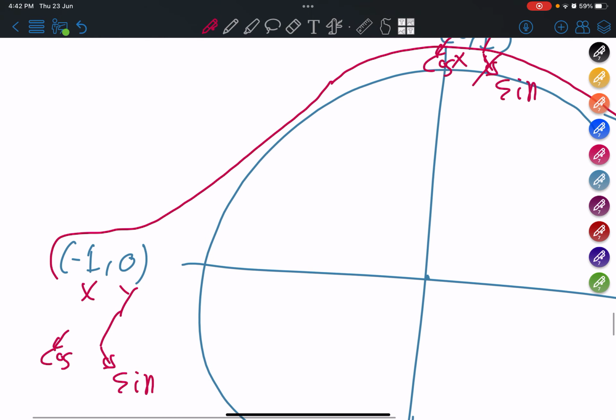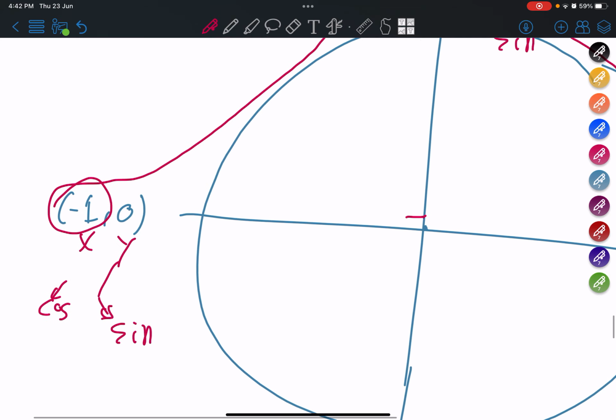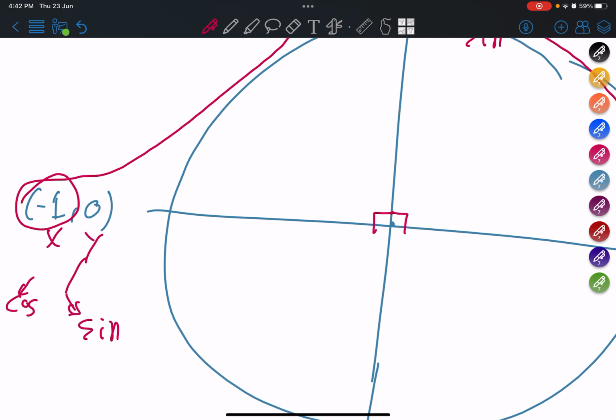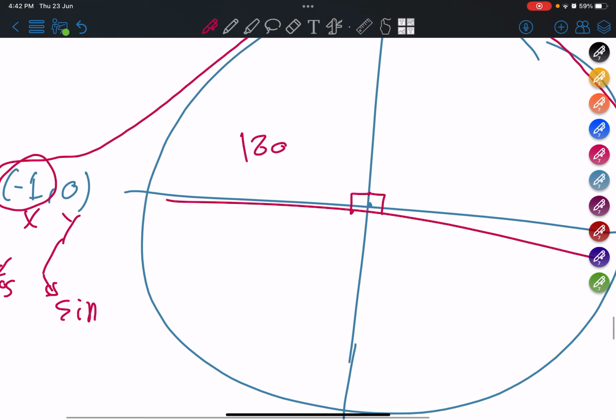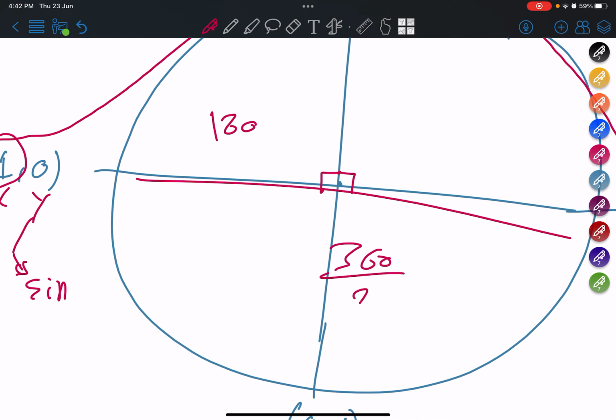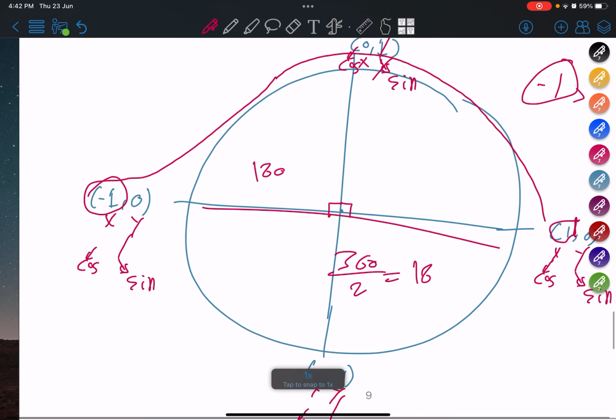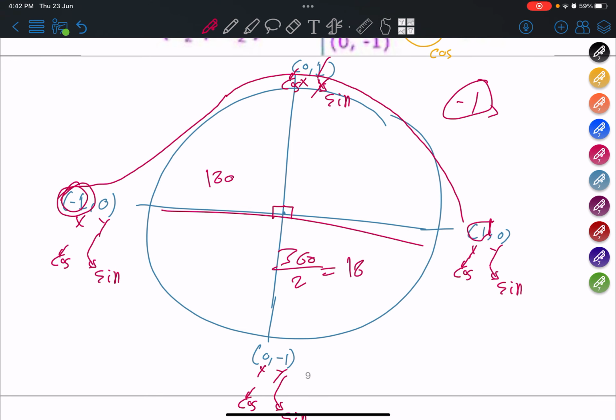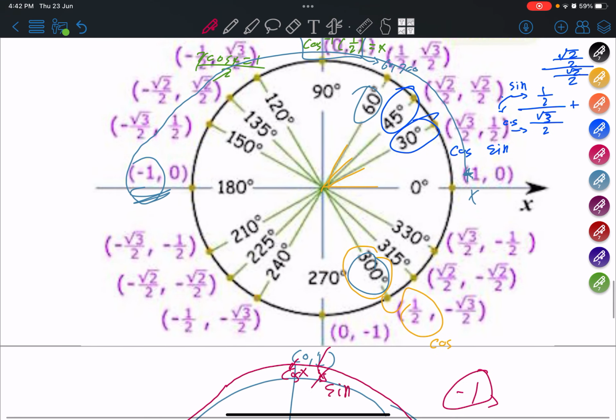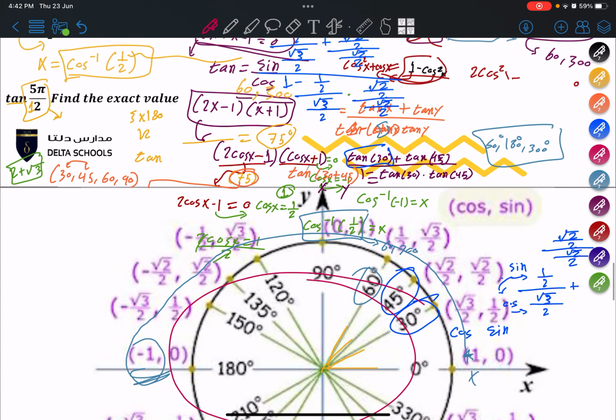It's on here. And we already know that this angle is going to equal 180 because it is half of the circle. The entire circle is 360, divided by 2, it will equal 180. So this means that we can find it even without a calculator or the unit circle.